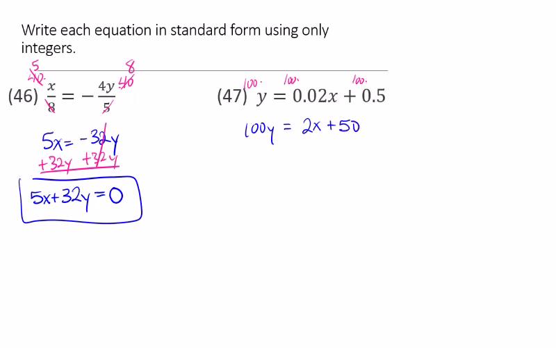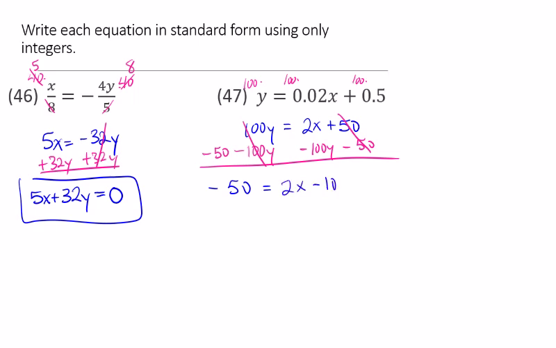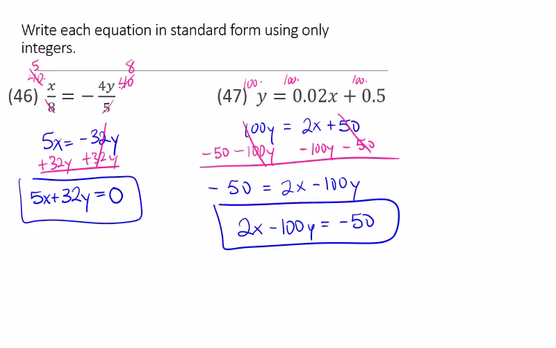Okay, and x is going to be positive on the right in this case, so I'm going to keep x there, move the y over, and I'll move the number to the other side. So I get negative 50 equals positive 2x minus 100y, and then we'll just flip it around. And there we go.